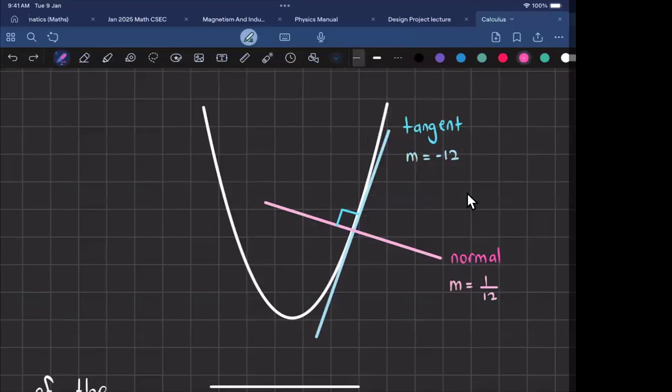How are negative 12 and 1 over 12 related to each other? I don't know if it's what I think it is. When you bring the 12 on top, I forget what it is called.